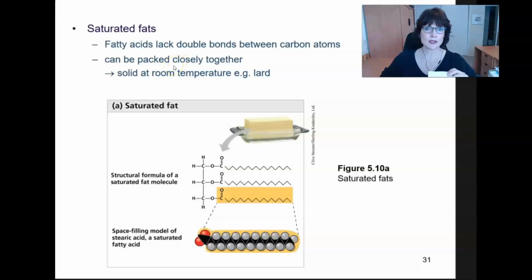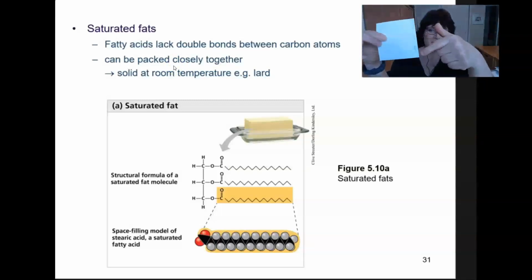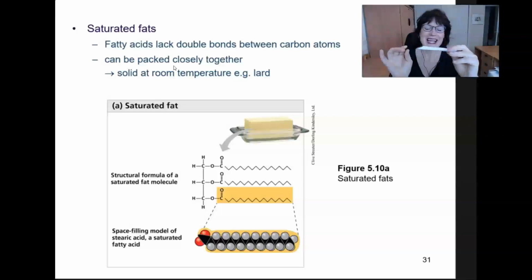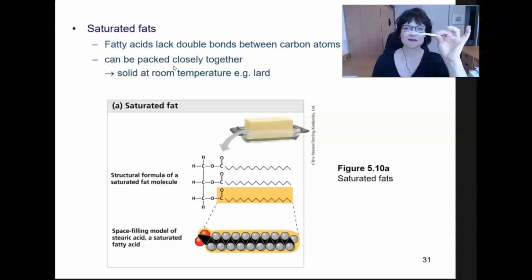solid at room temperature. If you imagine that here's my 3-carbon backbone, and these represent each of the 3 fatty acid chains, so the glycerol backbone I've held together, and the 3 fatty acid chains.